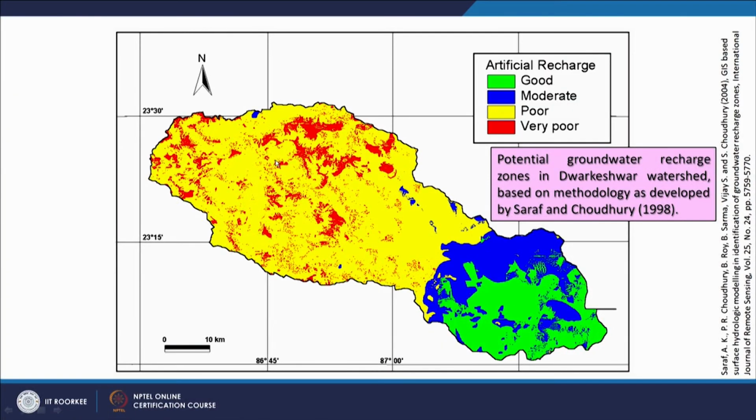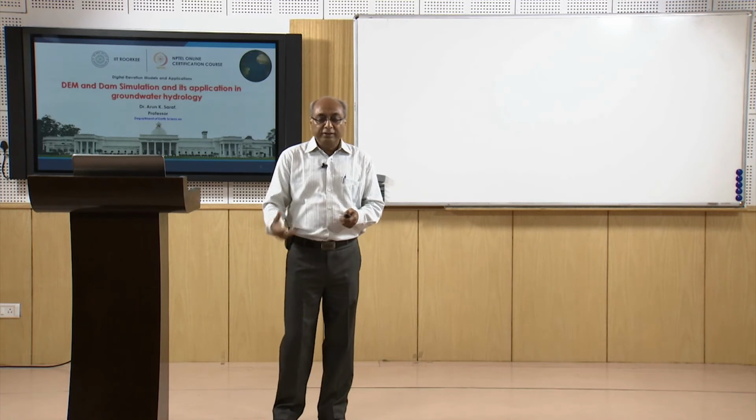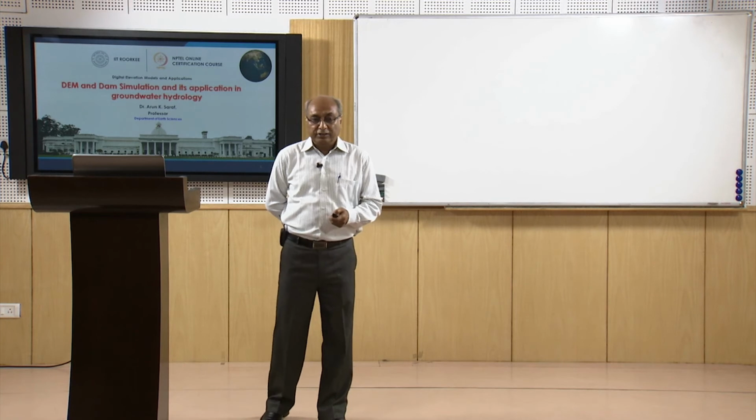This was created independently, and it was seen that this part is not suitable for any groundwater recharge structures, whereas the blue or green parts are most suitable, where we observed the maximum mismatch between simulated drainage and natural drainage. So, employing surface hydrologic modeling and a DEM, we can get such analysis very quickly.